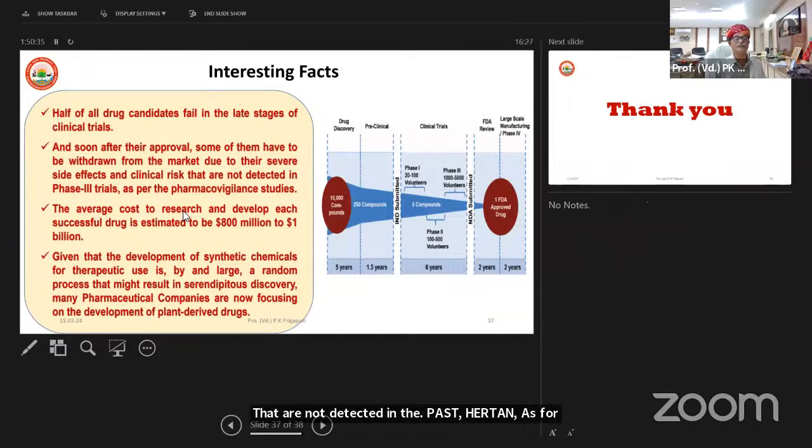The average cost to research and develop each successful drug is estimated to be around $800 million to $1 billion. So it is very high. Everyone cannot afford it.